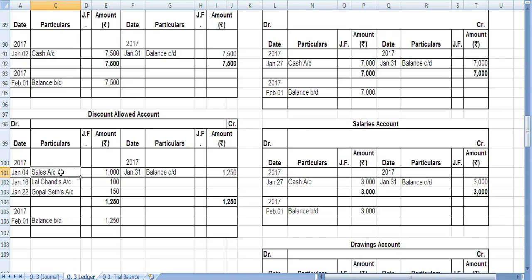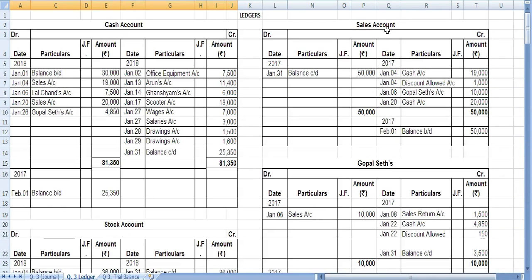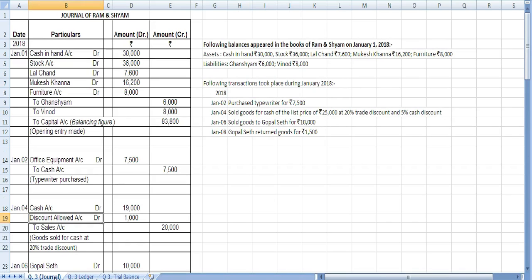Now we'll go to sales and this will become by. So in sales this becomes by discount allowed 1,000. This is how you have to post into the ledger, in both the books which have been affected.